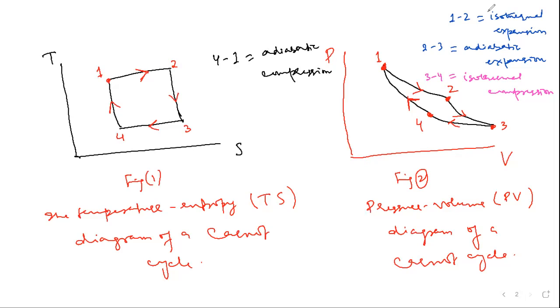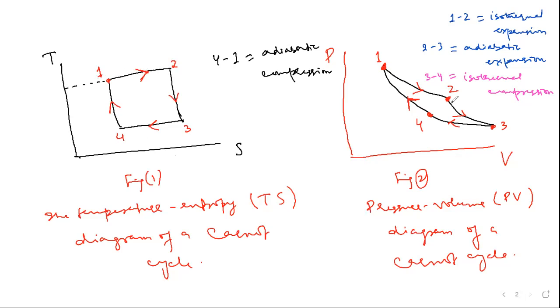So first we have isothermal expansion, that is from point 1 to point 2. So the temperature of the system stays constant. So in the TS diagram, the 1 to 2 step will be like this. Since the temperature stays constant, it will be a horizontal line. T stays constant, and that T is which T?